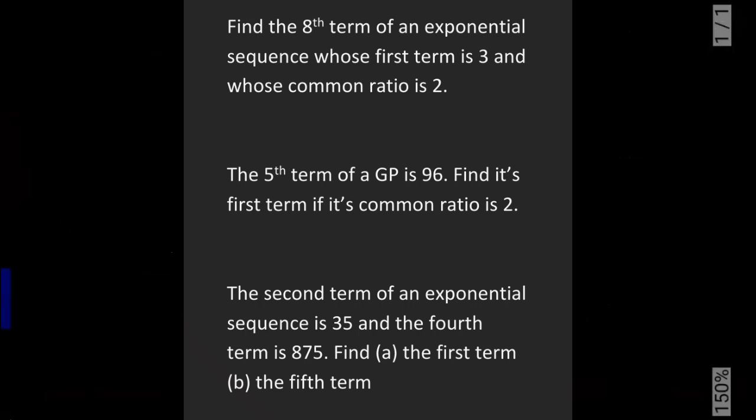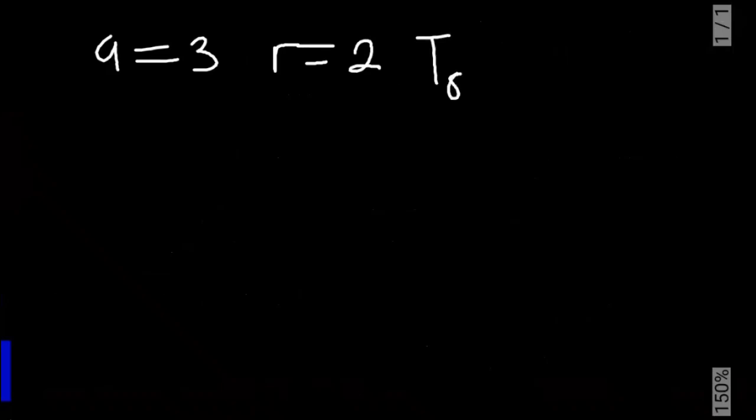Our first question says find the eighth term of an exponential sequence whose first term is 3 and whose common ratio is 2. So let's list out the values we have here. We have the first term as 3, the common ratio as 2, and we are to find its eighth term.